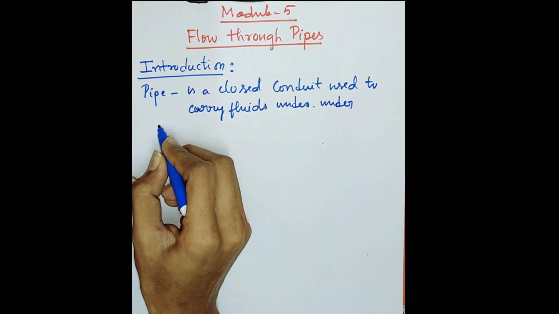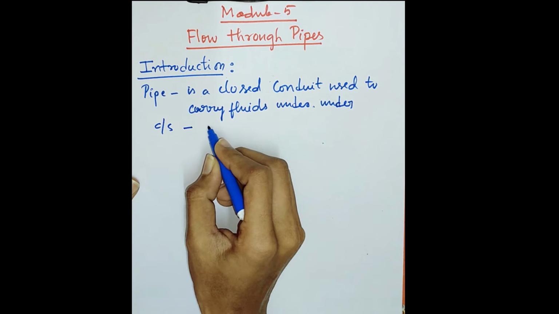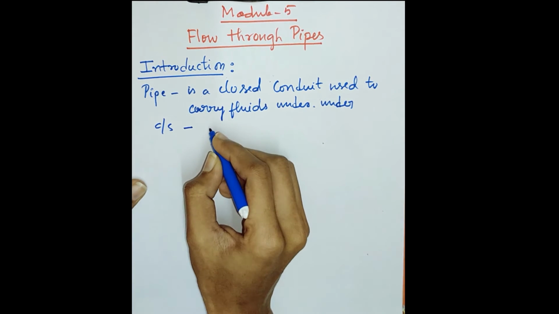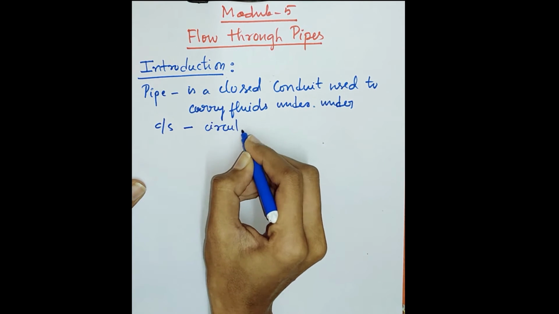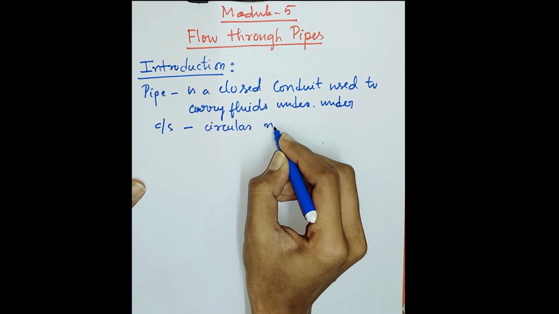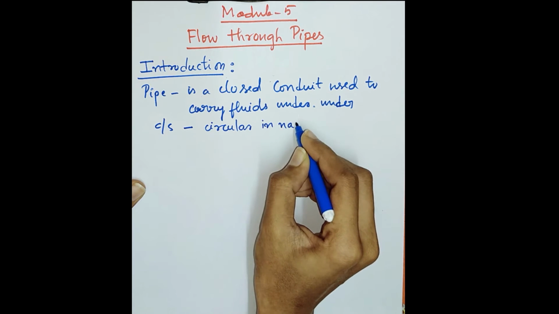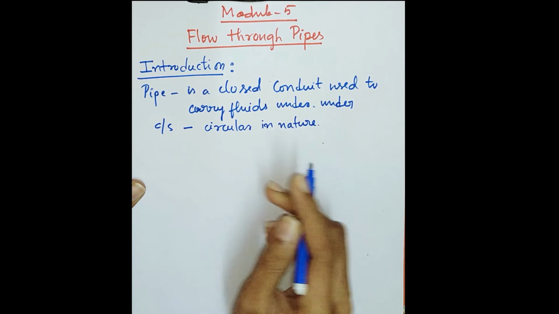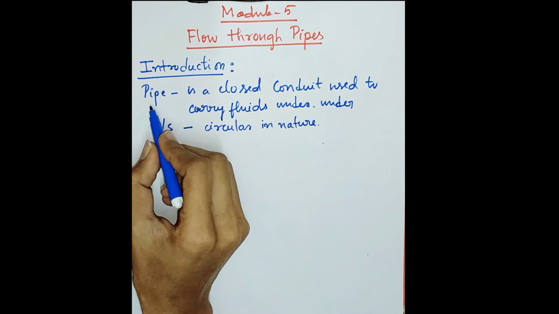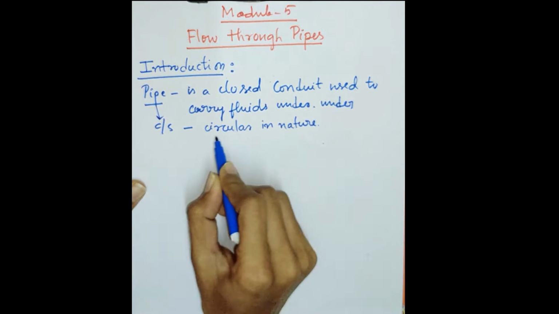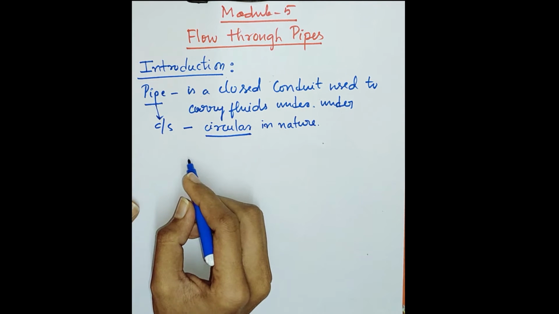And coming to the cross section, the pipe will always be circular in nature. So commonly the pipe cross section will be circular.